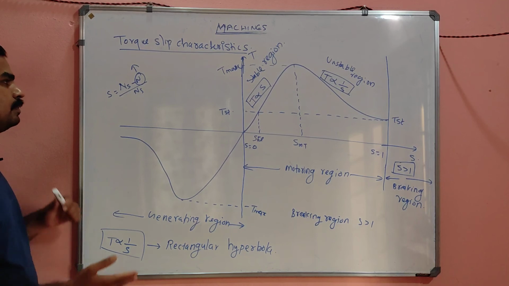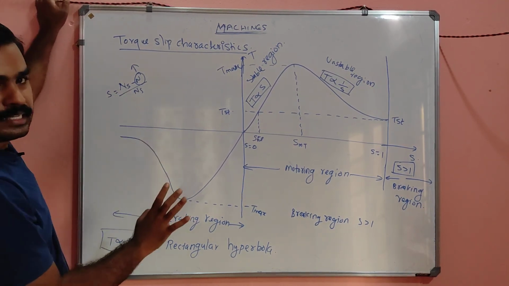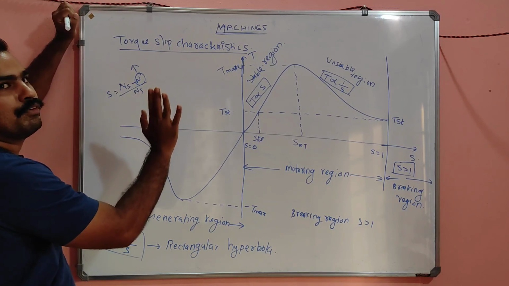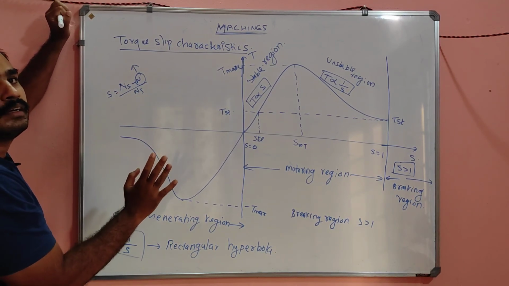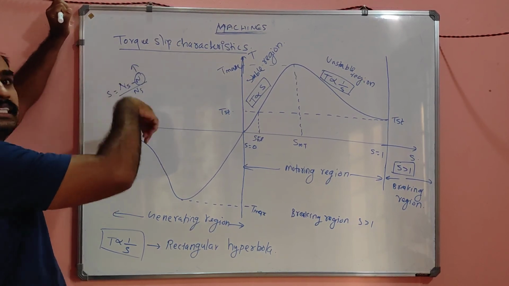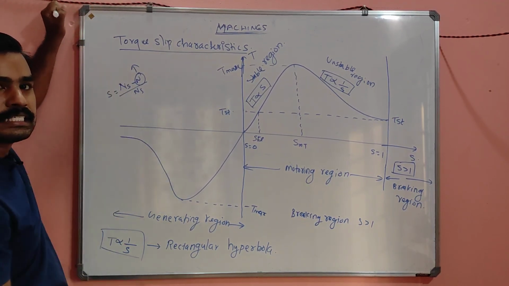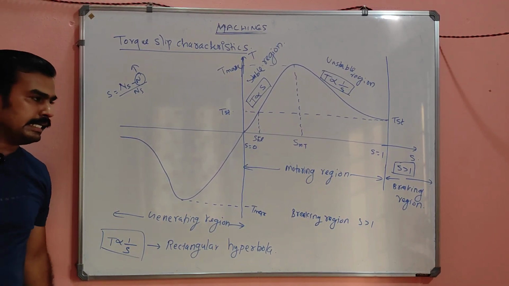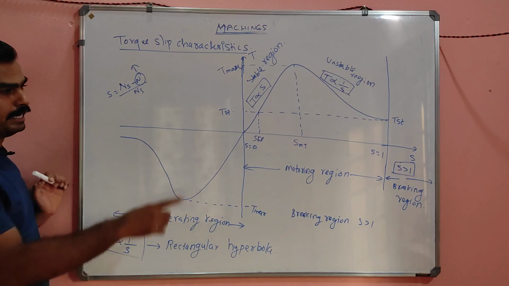S is equal to (Ns minus N) by Ns. If the value of slip is greater than 1, the only possibility is increasing N beyond Ns. Okay, so braking and all we will learn later, so just understand, okay, greater than 1 is the braking region.